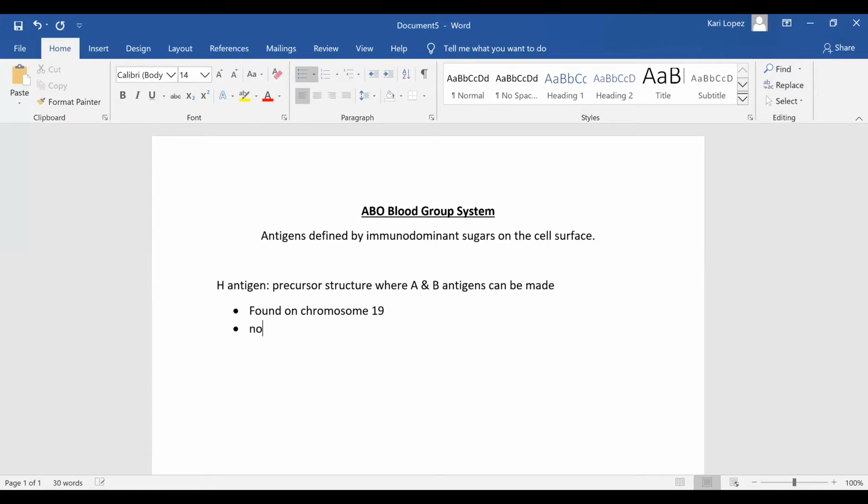H is not part of the ABO blood group system. However, it must be inherited to form the ABO antigens on the red blood cells. So it's not part of the system, but it's needed to form it.